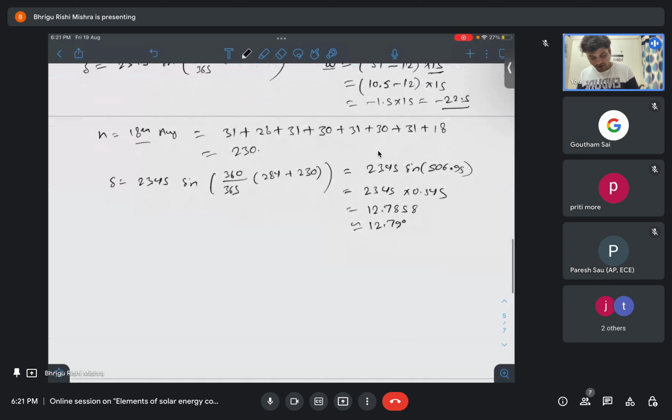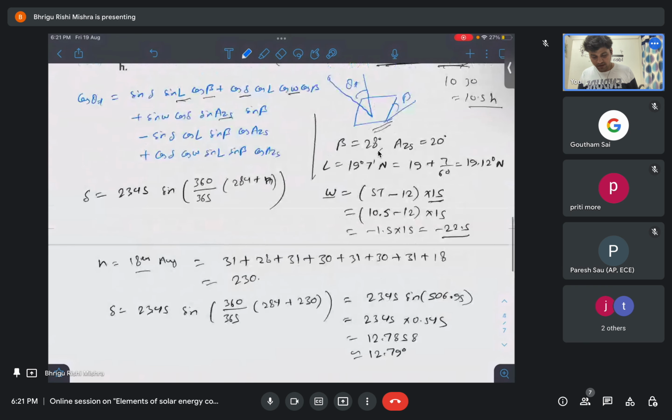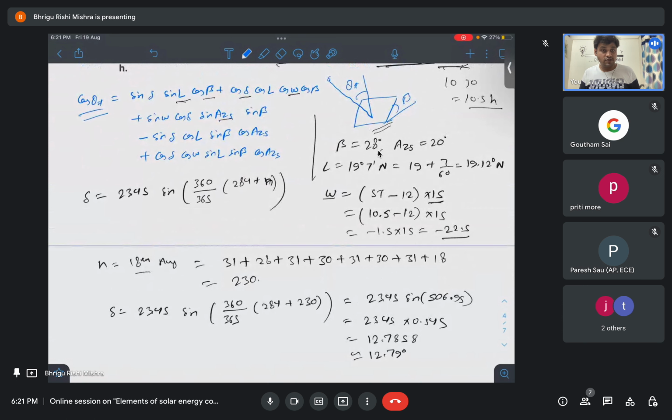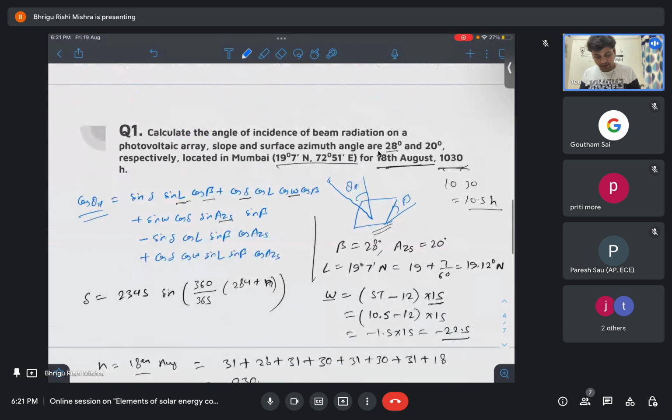Now we can calculate the incidence angle, because we needed to calculate the angle of incidence of beam radiation on this photovoltaic array.